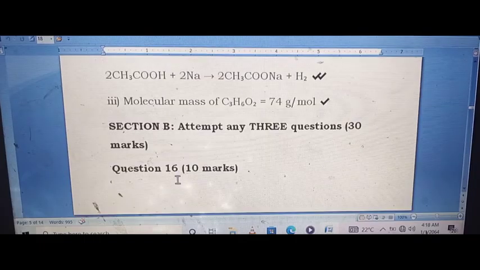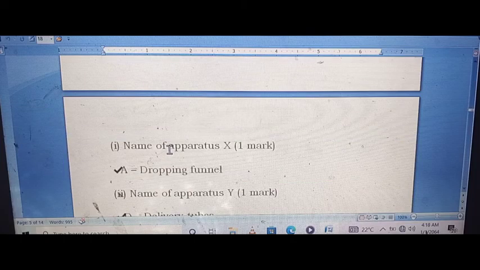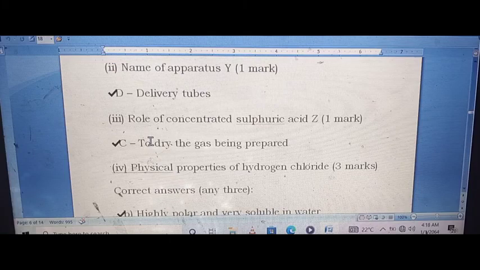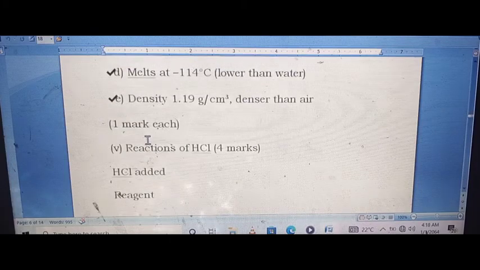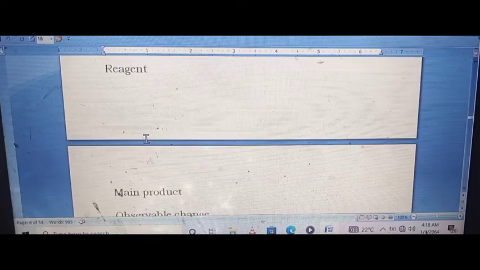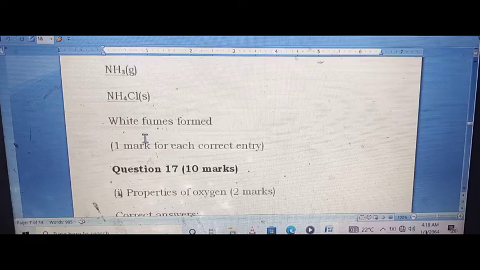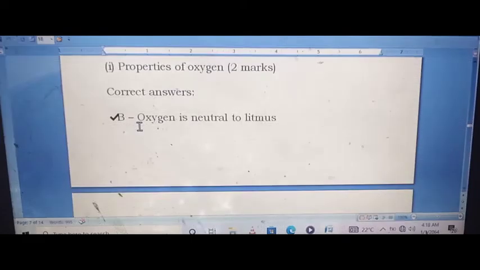Section B, attempt three questions only. This is the answer to question 16. Question 17, this is the answer.